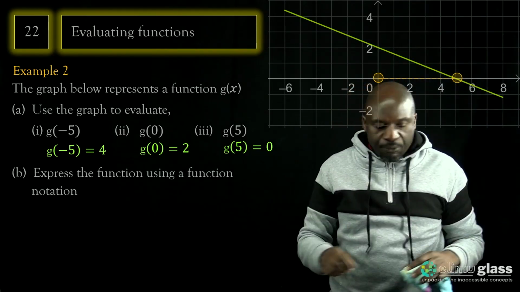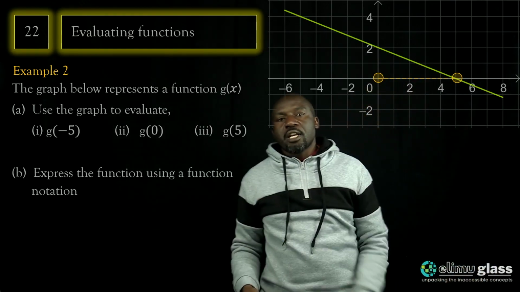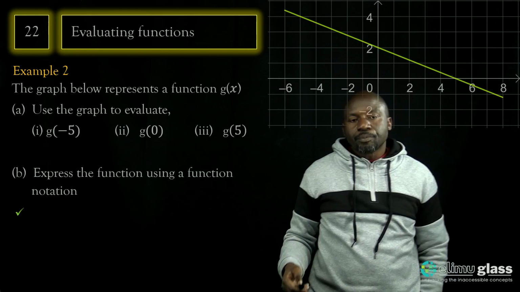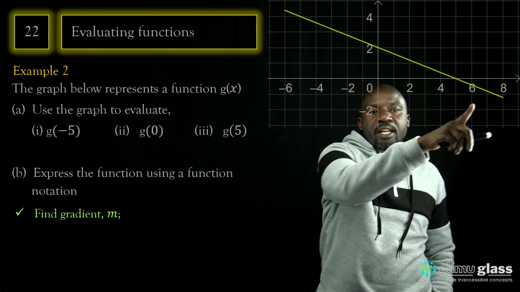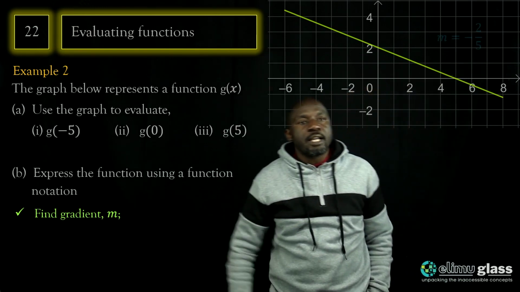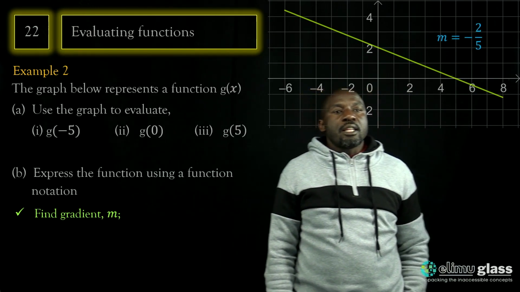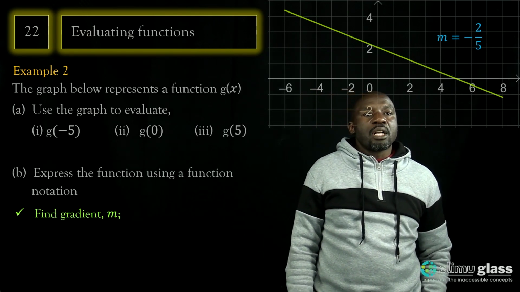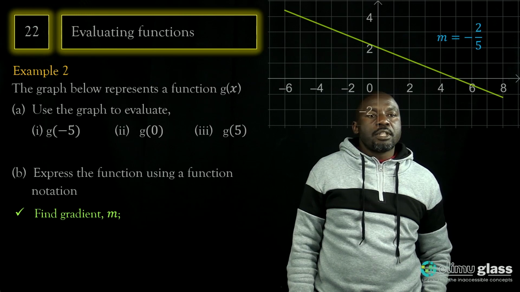All right. So if we are going to find the equation of this line, the first step is to find the gradient of this line, and we have found that as -2 over 5. The gradient is negative 2 over 5. The next thing that we need to find is to pick a strategic point whose coordinates are simple to see.